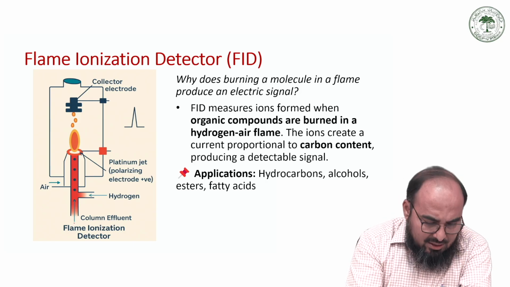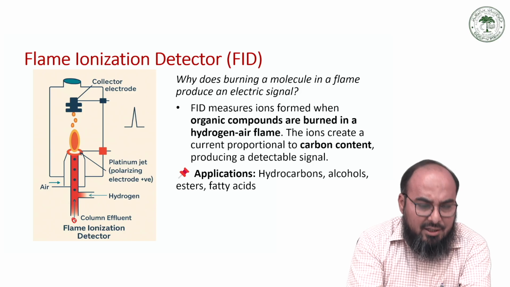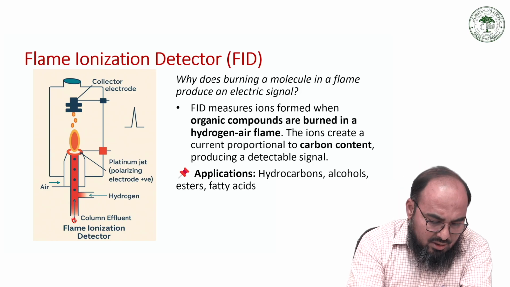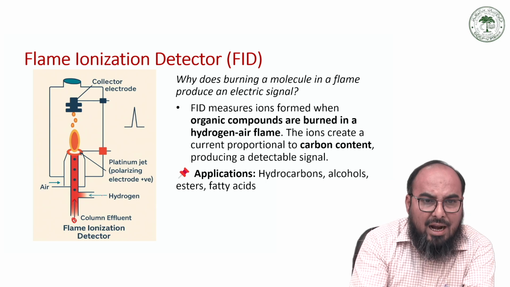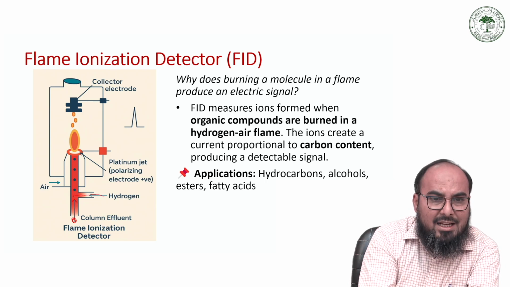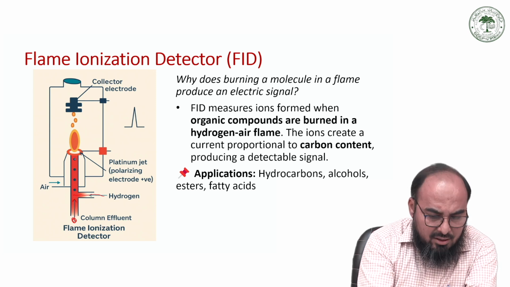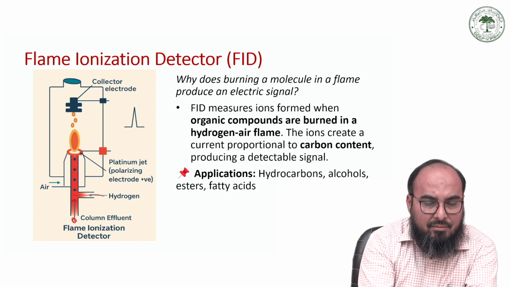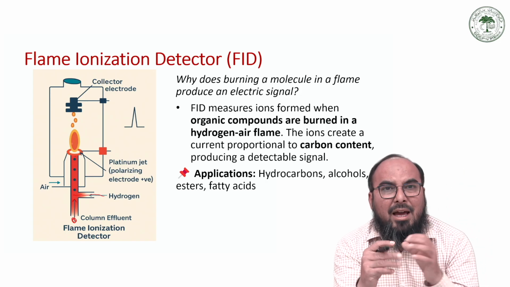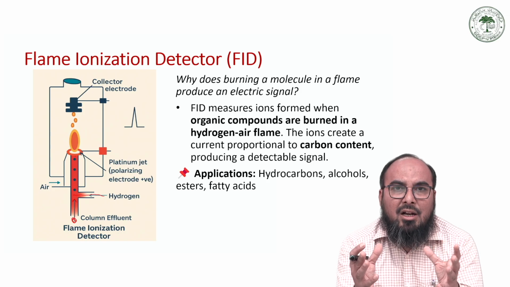This end is connected to the column, and the effluent comes here, and hydrogen gas is disconnected from the hydrogen cylinder and mixes with it, and there is certain air, and a hydrogen flame comes out, and it burns, pyrolyzes your analyte. Pyrolysis of your analyte occurs.